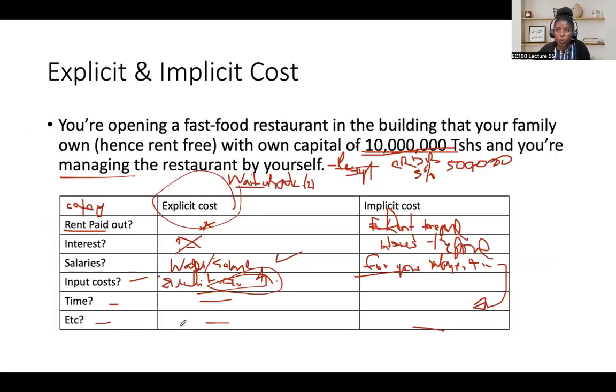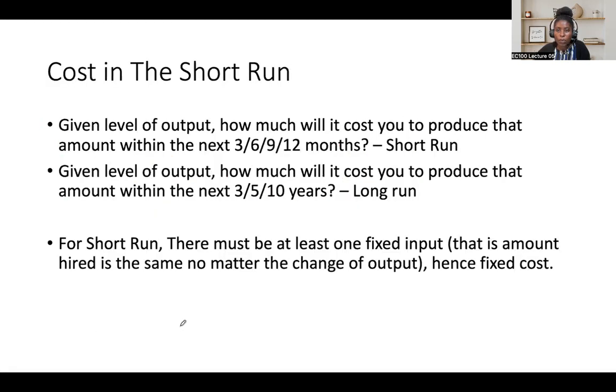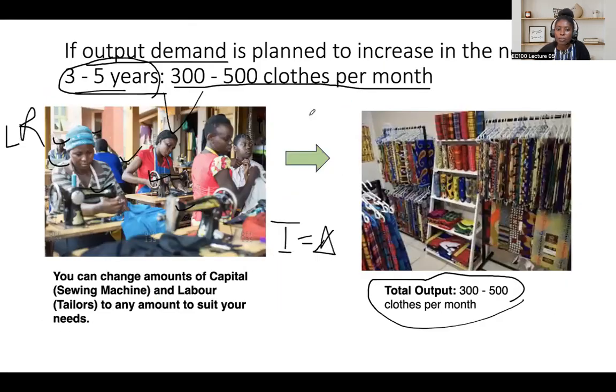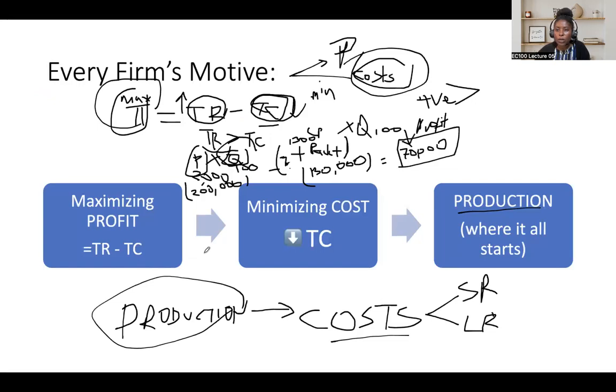Okay, so now let's go to costs. Whenever we talk about costs now, remember here it's explicit and implicit cost. Remember in the first part we said we're going to look at production, we're going to look at costs.